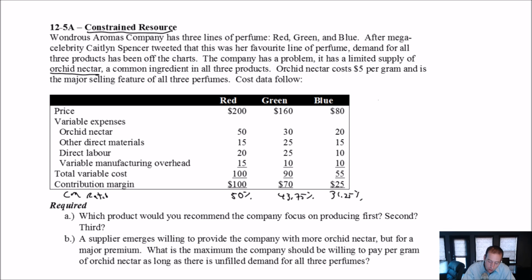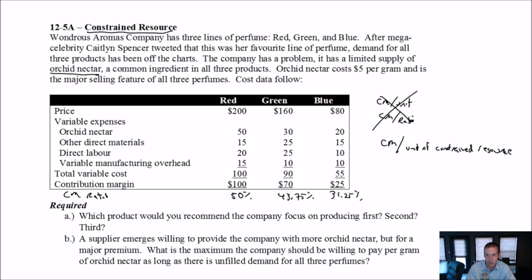Pretty easy. We don't look at CM per unit or CM ratio. No. We look at CM per unit of constrained resource. Sorry about my writing.